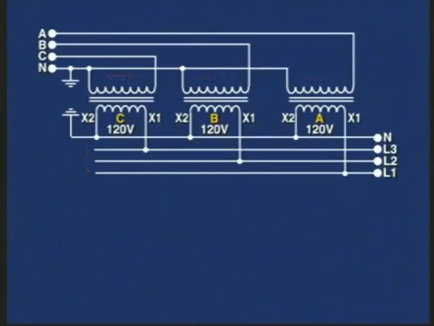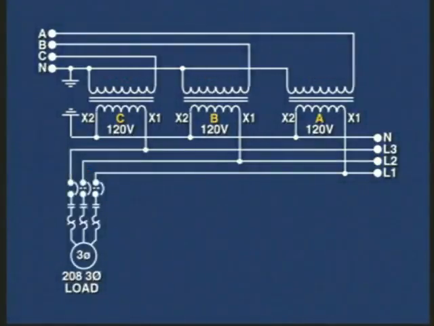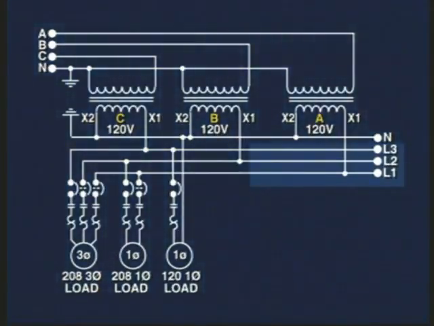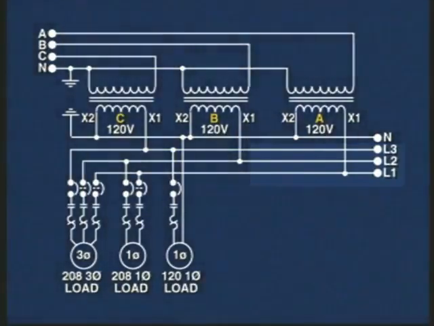In this power distribution configuration, we could connect a three-phase 208 volts motor, a one-phase 208 volts, receiving the 208 volts from lines 1 and 2, and in the same system, we could also have a one-phase 120 volts, which will be connected from any of the three lines L1, L2, or L3. In this case, L3, to the neutral of the Y transformer.